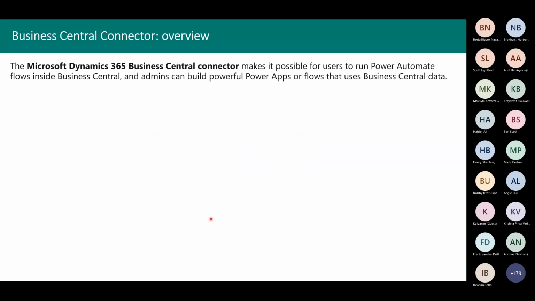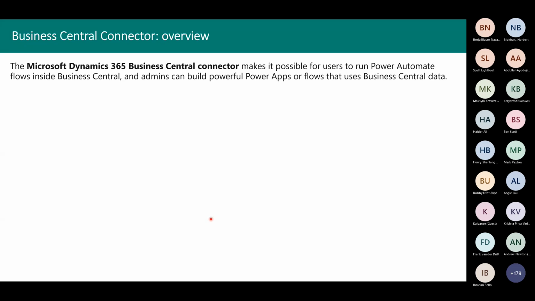So the Business Central connector. The Business Central connector permits us to run Power Automate flows directly integrated into Business Central. You can also use it in Power Apps, and it permits you to directly use Business Central data inside your components.